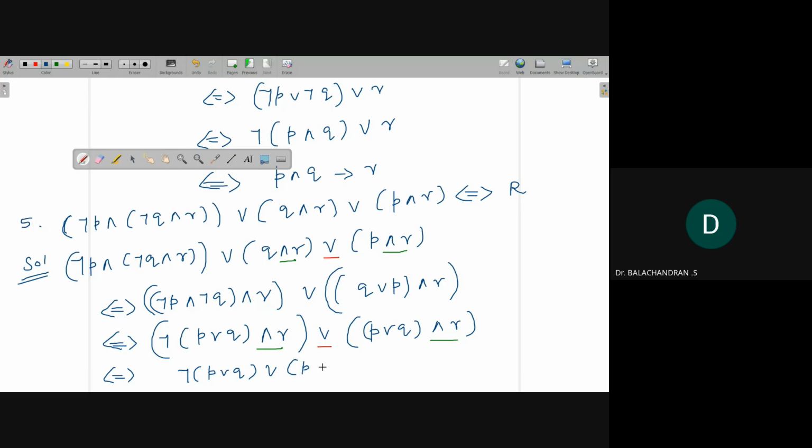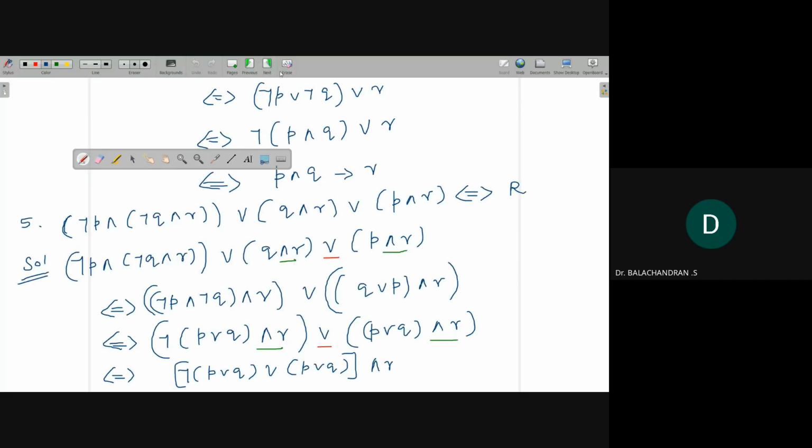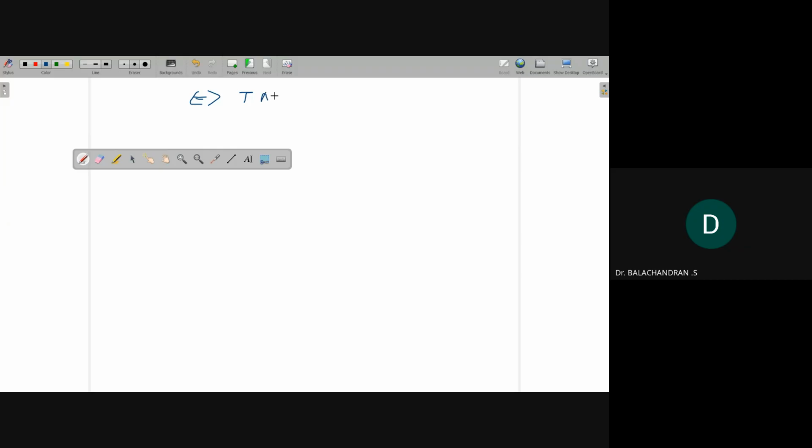P or Q, close the bracket, and then and R. So from here to here, I'm using distributive law. So next, this is actually what? P or negation P. P or negation P is what? True. This is true. And R. True and R is R.